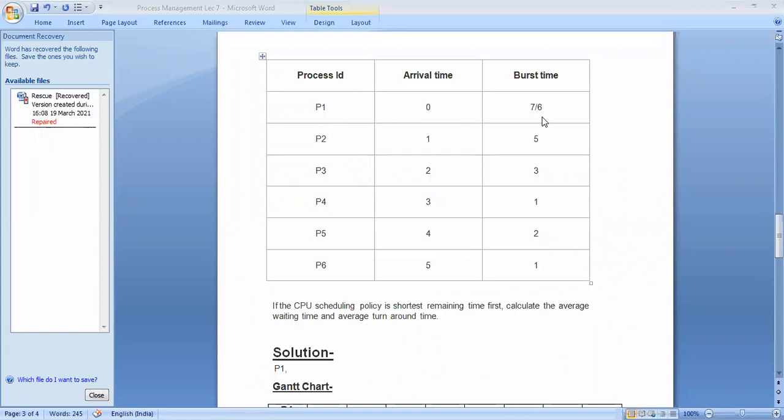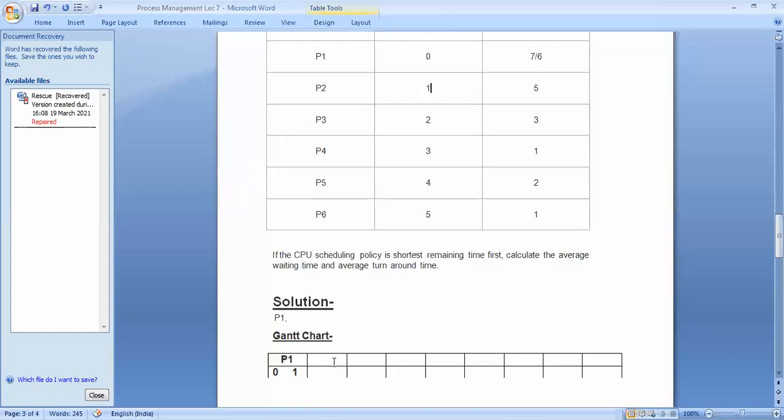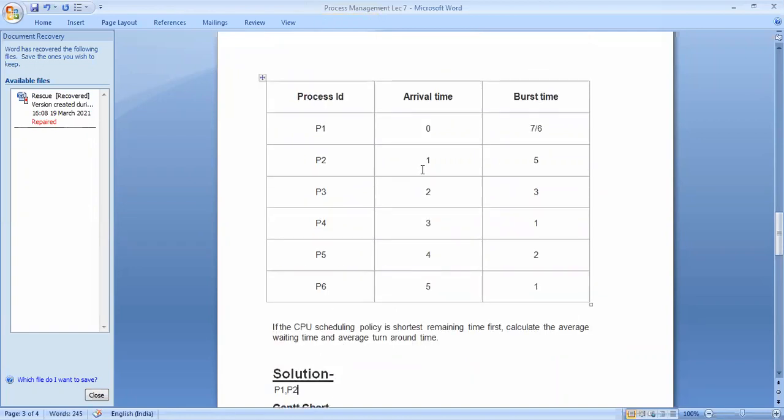To complete this. So now, how many processes are there after 1 millisecond? P1 and P2. I think there is no doubt here, because after 1 millisecond only 2 processes are there. After 2 milliseconds this one comes, then 3 milliseconds, then 4 and 5.